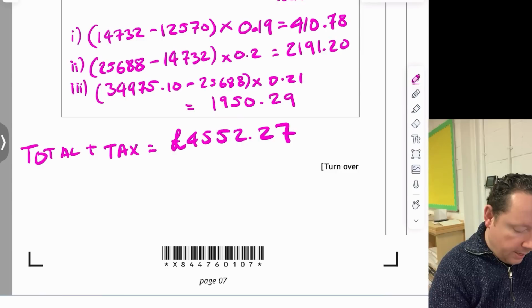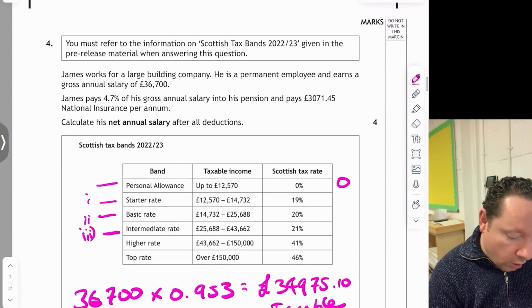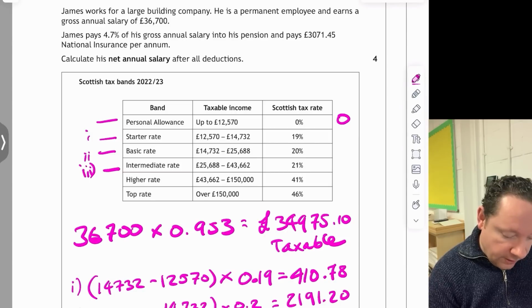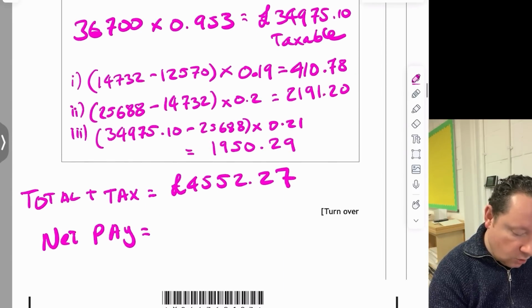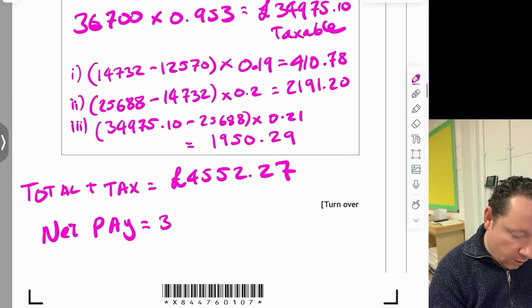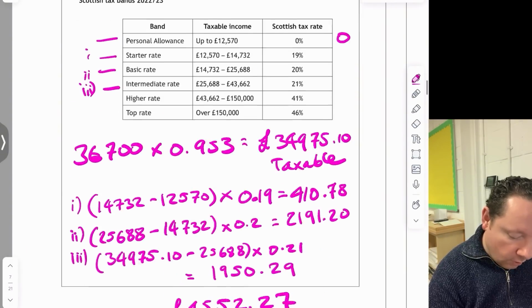So now his net pay, I just take his total pay and take away everything. Well, I don't need to start with his total pay actually, because I've already taken away the pension, which is down here. So we can start off with the taxable bit and just take away the national insurance and the tax. So his net pay is 34,975.10 minus his tax, which is 4552.27, minus his national insurance, which is £3071.45.